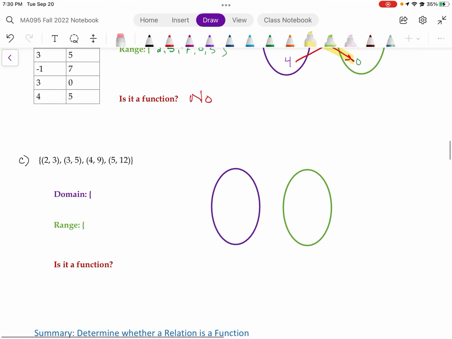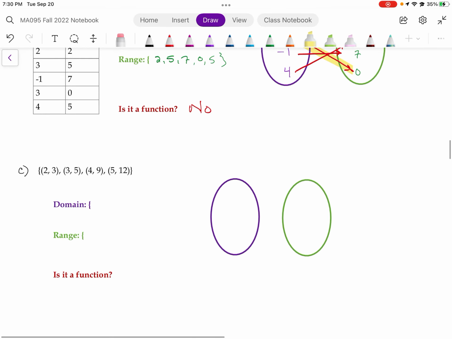All right, one more. Why don't you give this one a try? It's written a little differently, so you have to find the domain as all the x values, and then the range is all the y values. All right, so the domain is 2, 3, 4, 5. And the range is 3, 5, 9, and 12.